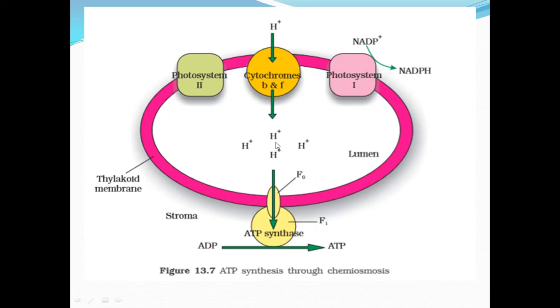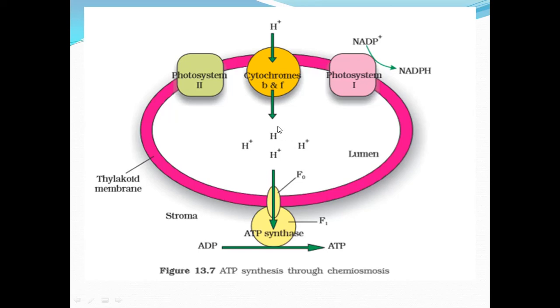The protons, the hydrogen ions resulting from the events in non-cyclic photophosphorylation, such as splitting of water, get accumulated in the lumen of the thylakoids. The concentration of these protons within the lumen is high.